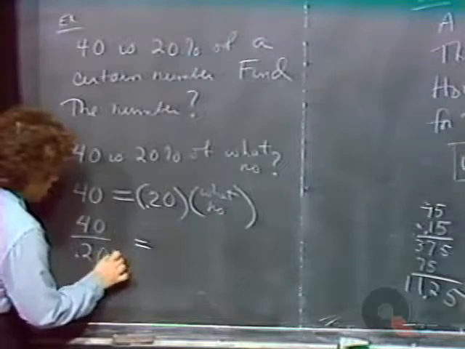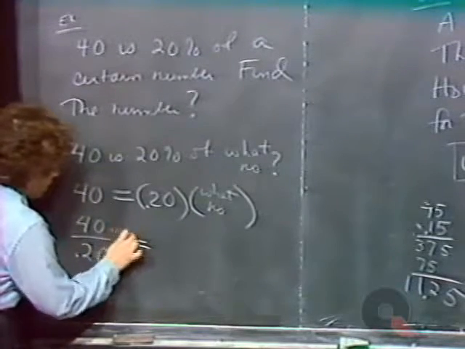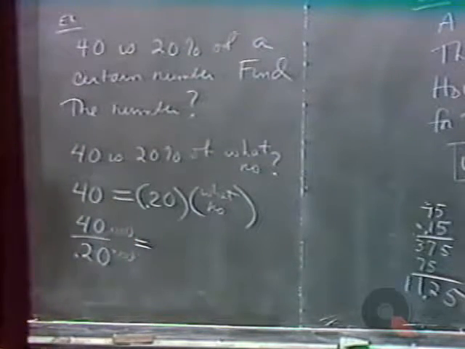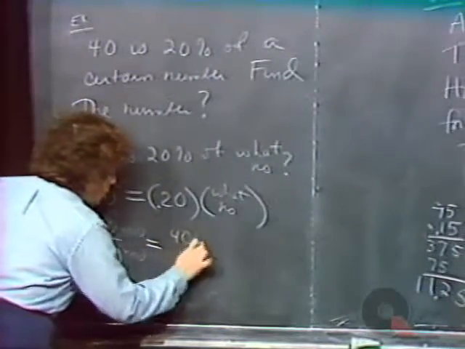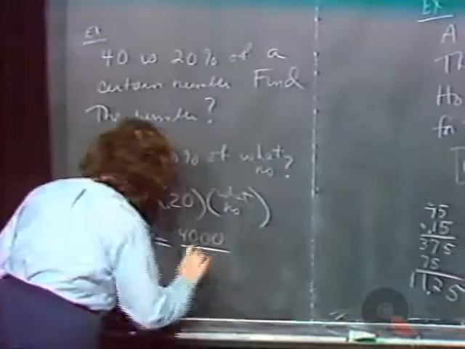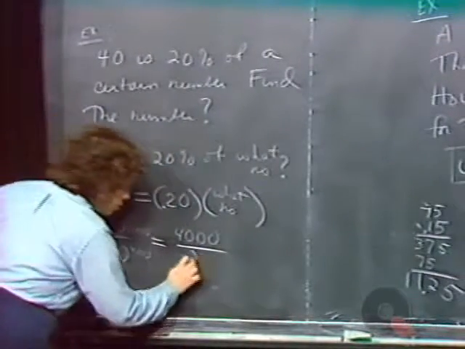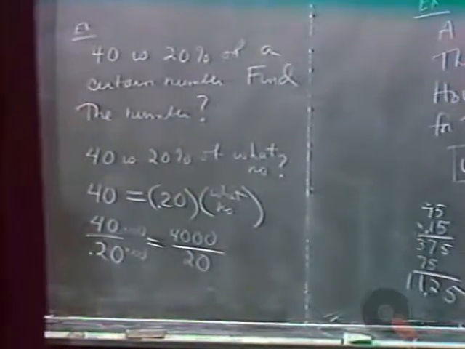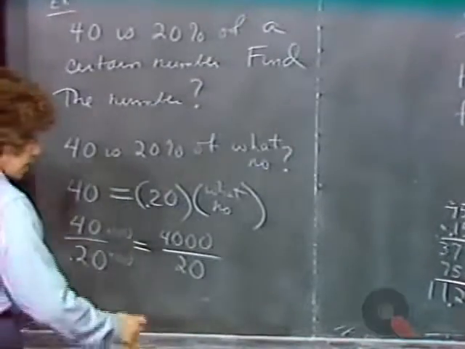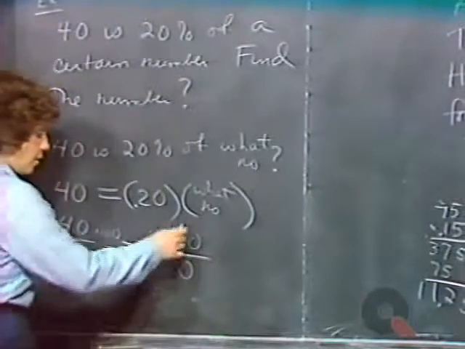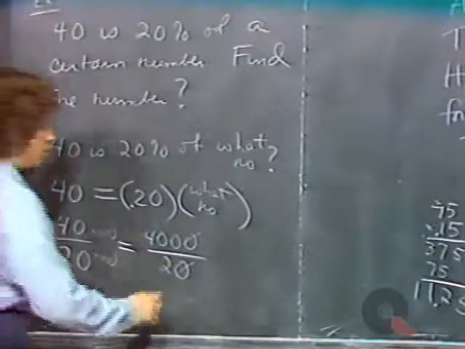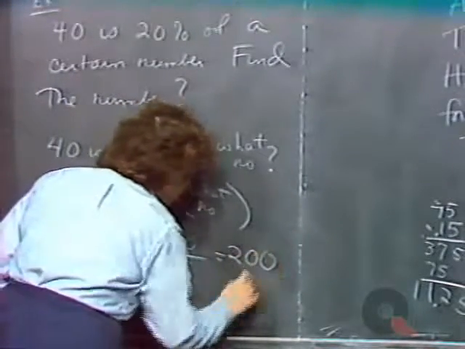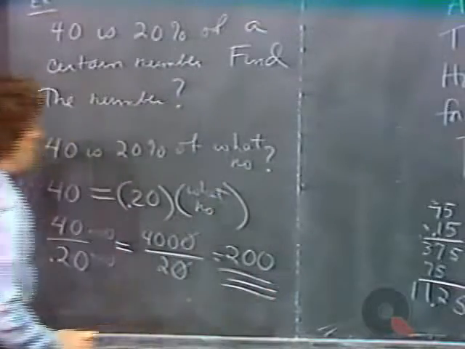When you multiply by 100, you move the decimal 2 places to the right. So 40 will become 40 followed by 2 zeros, or 4,000. 0.20 will become 20. 4,000 divided by 20. We can first divide numerator and denominator by 10, and then divide 400 by 2 and get 200. So the answer to the problem is 200.